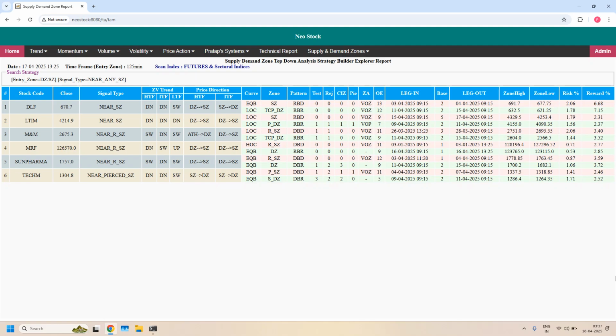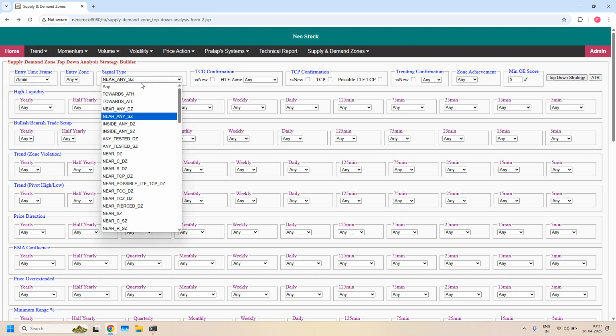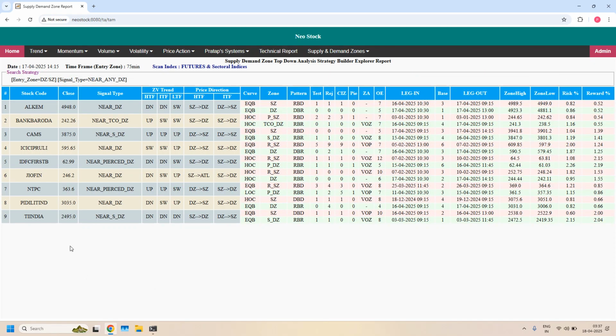Okay. Next time frame is 75 minutes. Entry time frame 75 minutes. Let us find the stocks near to the 75 minutes demand zone. We got 9 stocks. Let us identify 75 minutes high liquidity zones from this list.